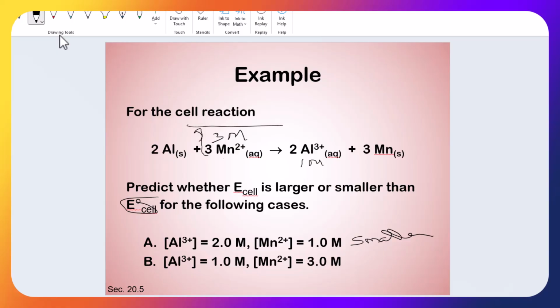Le Chatelier says it's going to shift in that direction, and that's going to make E of the cell a larger value. This will be bigger, because the reaction is more spontaneous in the forward direction, or the equilibrium shifts to the right towards products. All right, so that's how you analyze that.